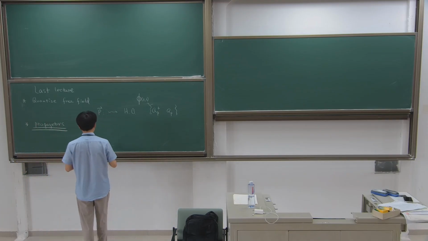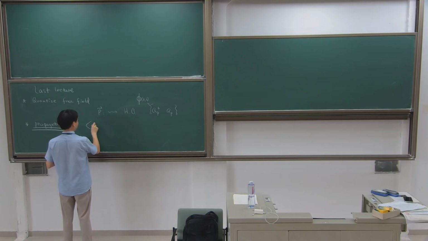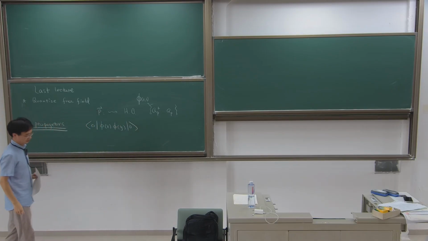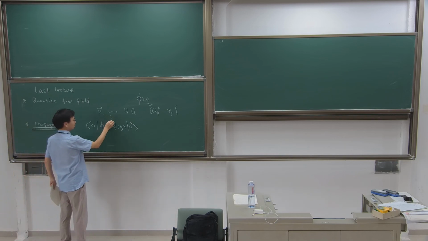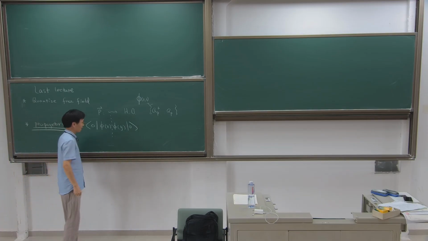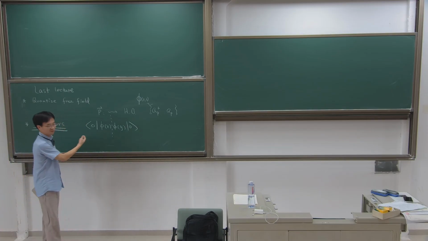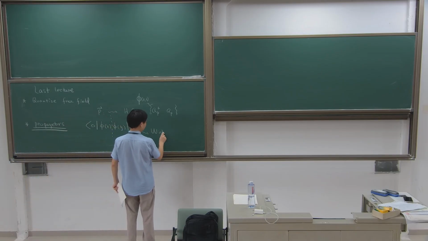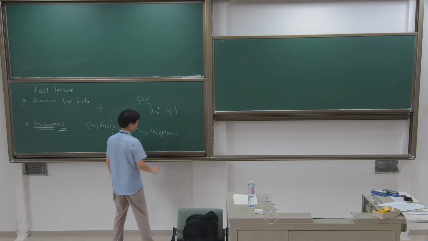The simplest one we mentioned last week is this propagator as follows. This is the simplest one you might imagine. You can say that this is nothing but a two-state overlap. Sometimes this is called the Wightman function.